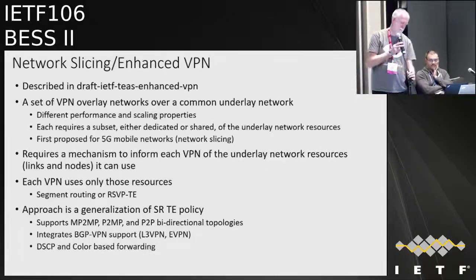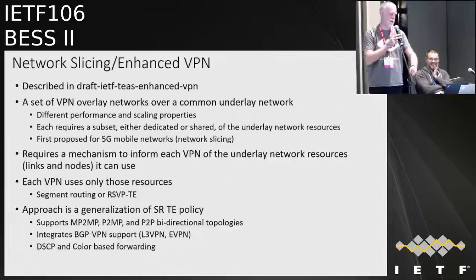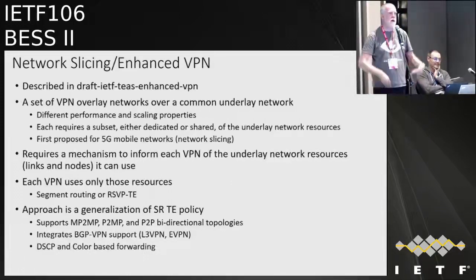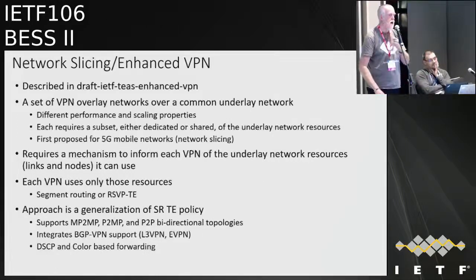The user requires a little bit more from the VPN in terms of latency, delay, jitter, resiliency requirements. So it looks otherwise like a VPN, and so it's natural to build on the VPN technologies.